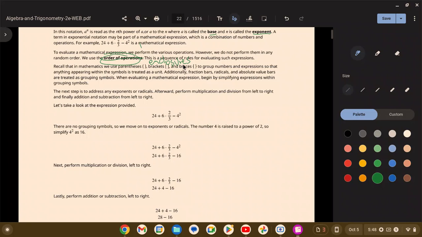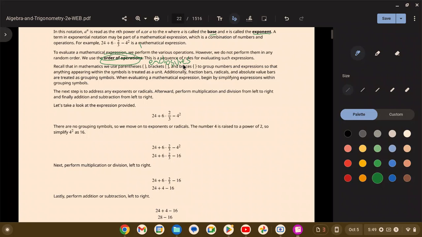Additionally, fraction bars, radicals, and absolute value bars are treated as grouping symbols. When evaluating a mathematical expression, begin by simplifying expressions within grouping symbols. The next step is to address any exponents or radicals. Afterward, perform multiplication and division from left to right, and finally, addition and subtraction from left to right.